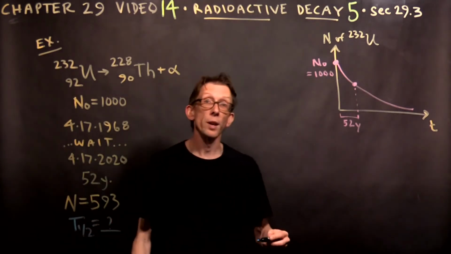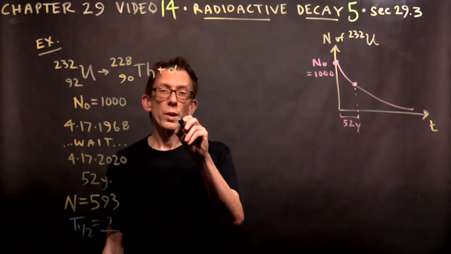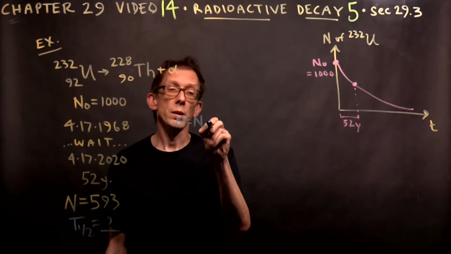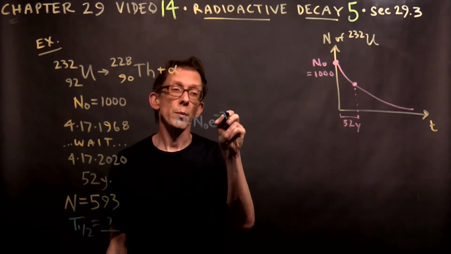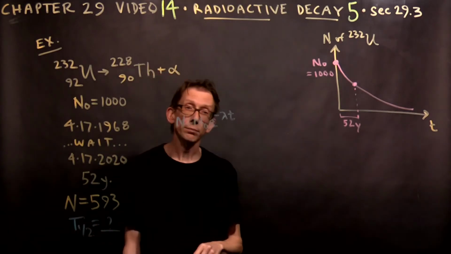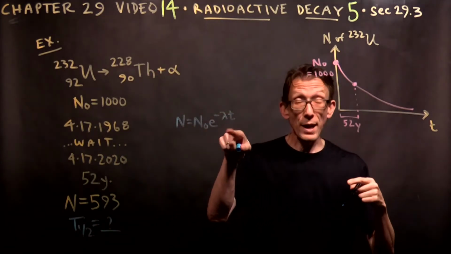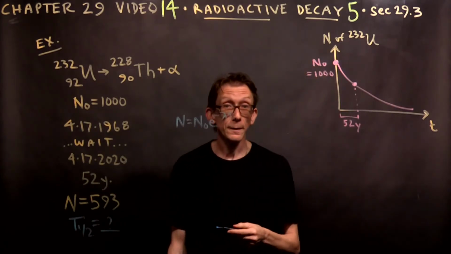Well, we're going to start with N equals N naught e to the minus lambda t. We're going to solve this for lambda and then convert it to half-life.